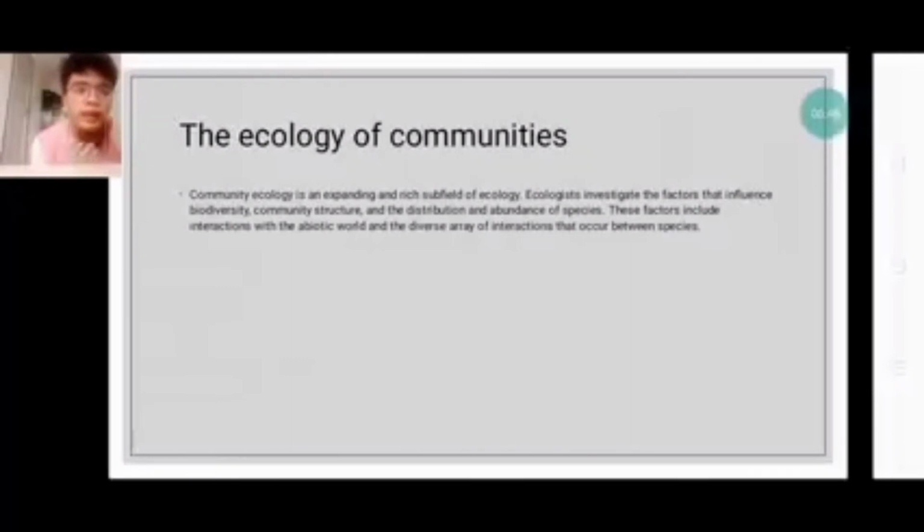Ecologists investigate the factors that influence biodiversity, community structure, and the distribution and abundance of species. These factors include interactions with the abiotic world and the diverse array of interactions that occur between species. These interactions between species are what define ecological communities.